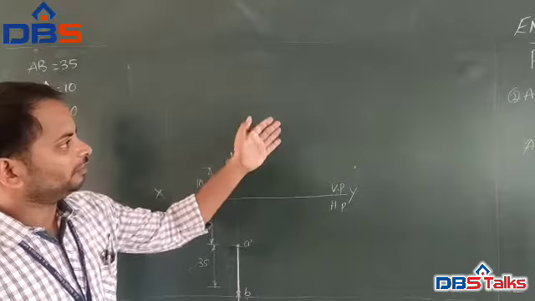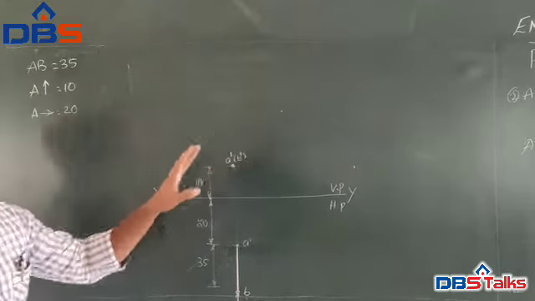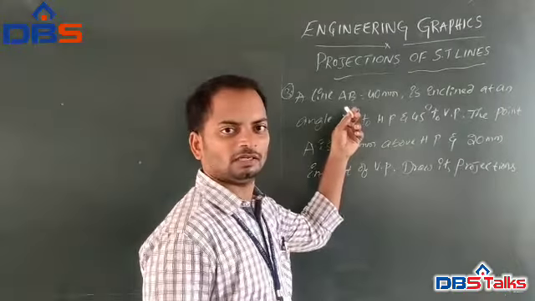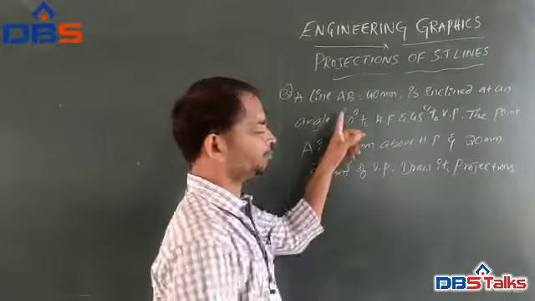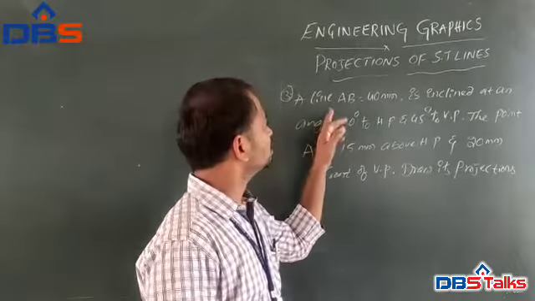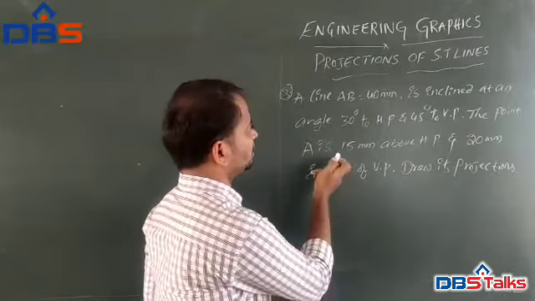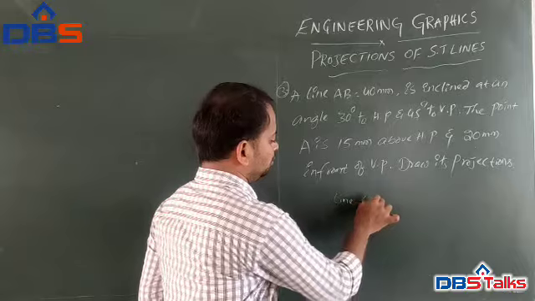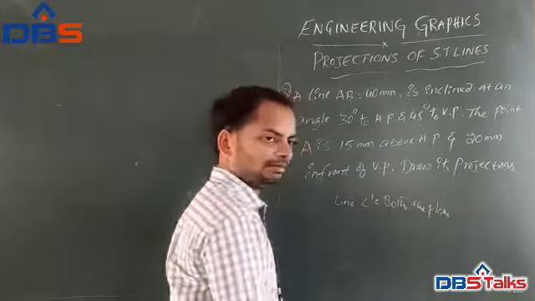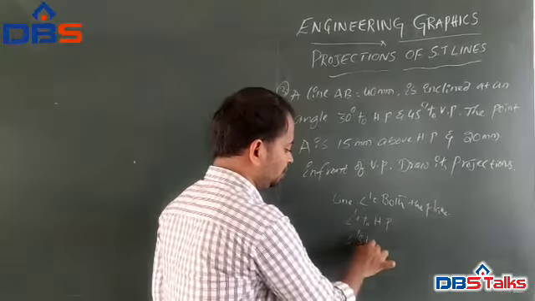Okay. Then we will go for the next model, inclined to both the planes. In the previous model, we discussed the line parallel to HP and inclined to VP. Now we are going for the line inclined to both the planes, that means the line inclined to HP as well as inclined to VP.